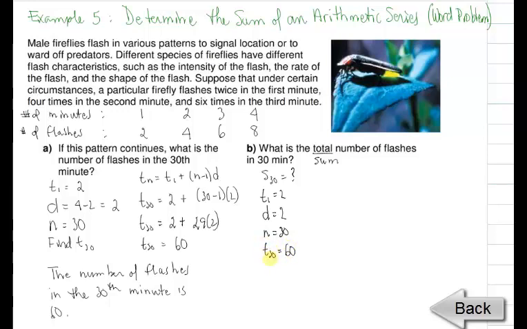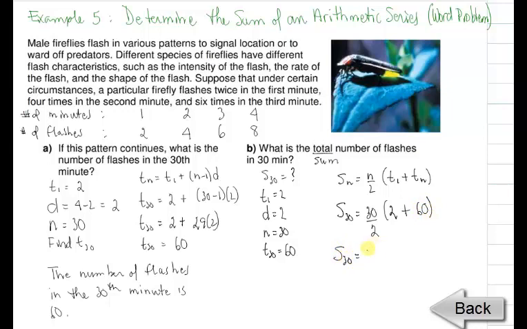And because our T subscript 30 is our T subscript N, that means we know what T subscript N is, so we can use our first sum formula. So we can use S subscript N equals N over 2 times T1 plus T subscript N. Okay, so S30 is equal to N, which is 30, over 2 times T1, which is 2, plus T subscript N, which is going to be our T subscript 30, so that's 60.